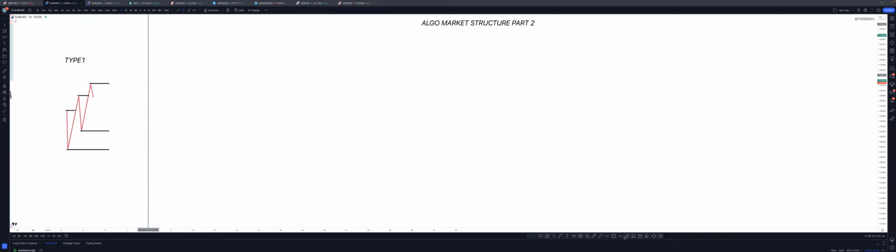So what do you expect price to do in this case? Substructure, take out the B, then buy off. Now for type 2, price will do something like this. Please take note. Before price breaks this structure here, price will create a low, then break the high.